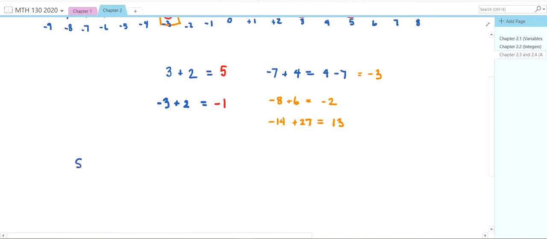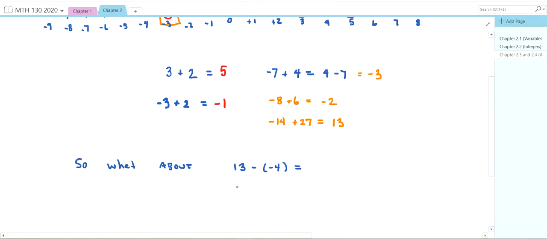All right, so what about 13 minus a -4? What does this equal? Well, before we do this, we need to look in detail at what we're doing here. We're saying 13 minus something in parentheses, -4.